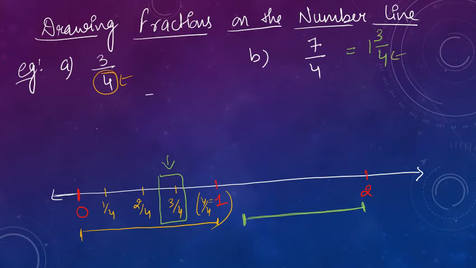So the gap from 1 to 2 is to be divided into 4 equal parts. 1, 2, 3, and 4. Since it is more than 1, the counting and the parts are going to start from 5 by 4, 6 by 4, 7 by 4, and 8 by 4 is actually 2. And the number I'm looking for is 7 by 4. That's how we can represent fractions on the number line.